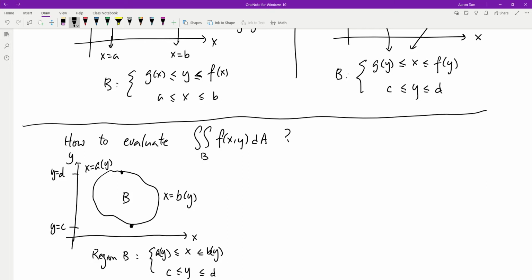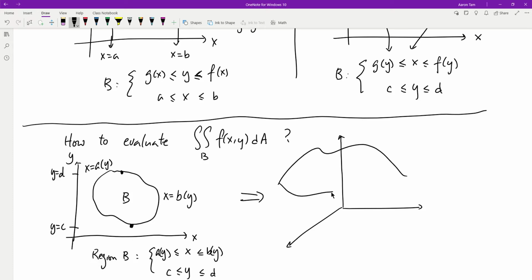So now comes the question: how do we actually calculate the volume that we want? Let me show you what the picture will look like if I were to evaluate this. Let's say here's my surface, z equal to f of x, y. Here's z, here's x, here's y.